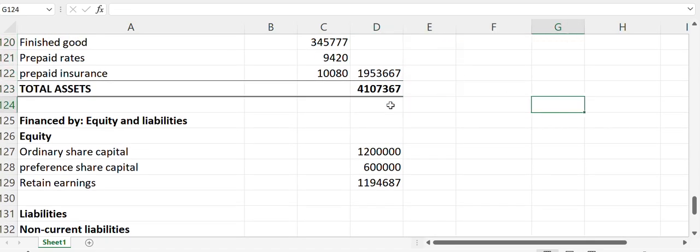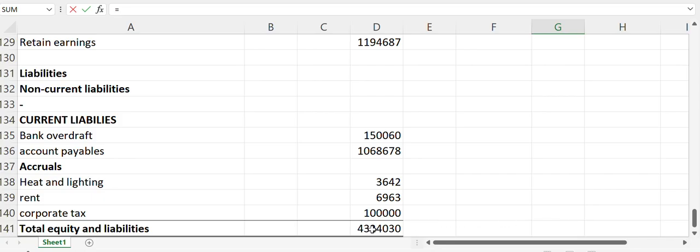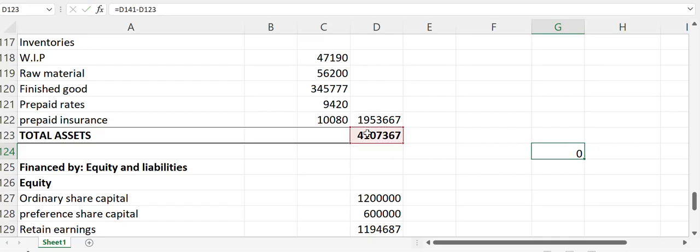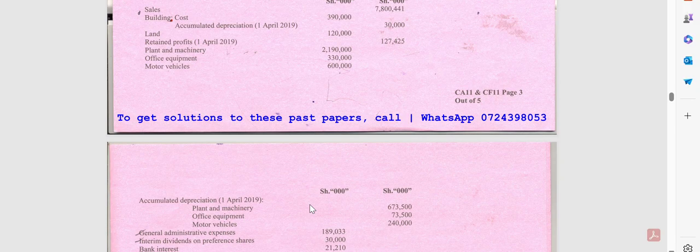So there is a deviation. Let us check whether we've left an item. I think we've left an item probably. Let us check if there is anything we've left out.